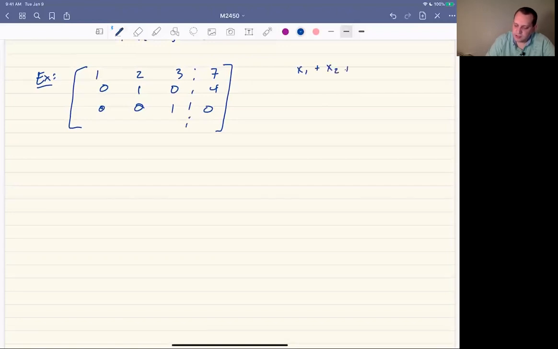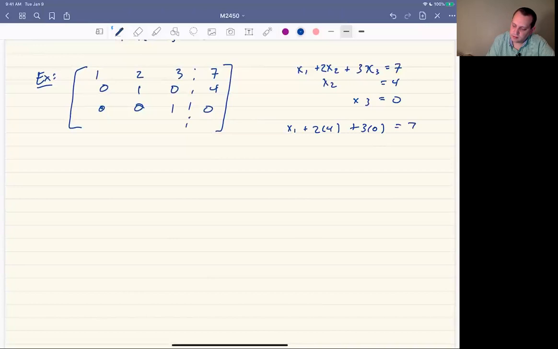This is x1 plus 2x2 plus 3x3 equals 7, x2 equals 4, and x3 equals 0. So of course x2 is 4, x3 is 0. And then if we take those and plug them back into the top equation, we get x1 plus 8 plus 0 equals 7.